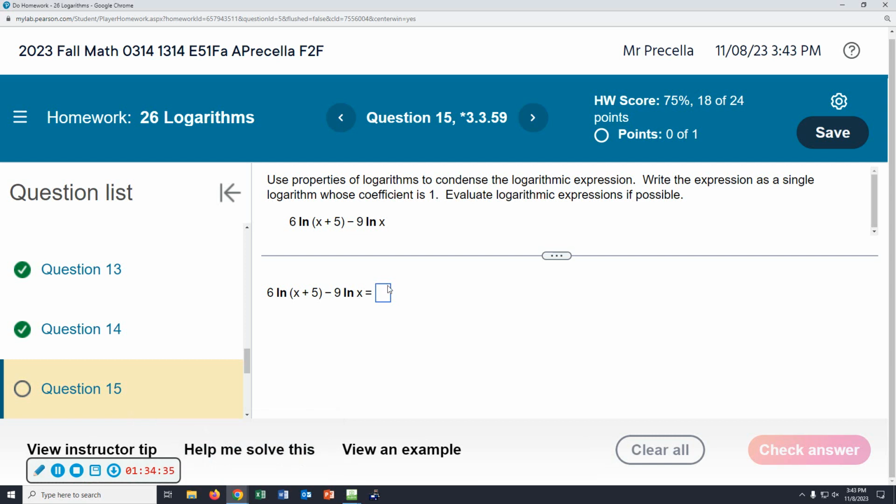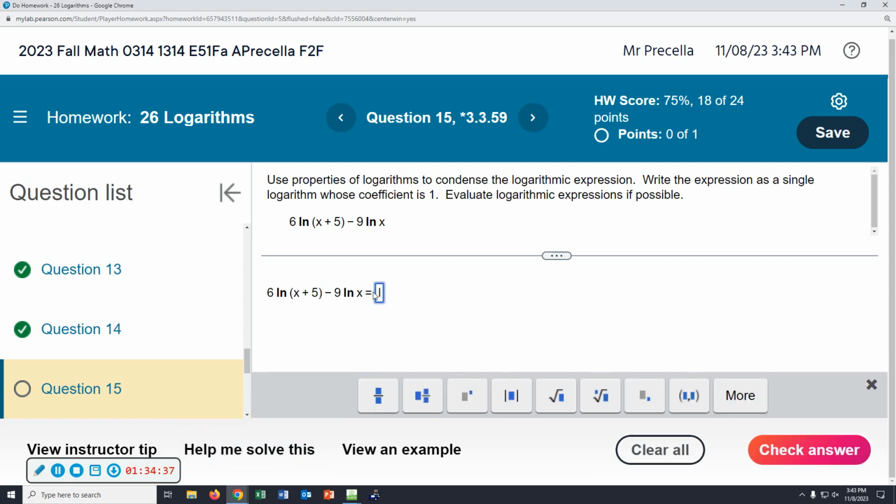I type ln, and it bolds it, so I've typed it correctly. Put the fraction bar. You have to have that x plus 5 in the parentheses because it all needs to be raised to the 6th power. Come down to the bottom and write x raised to the 9th.